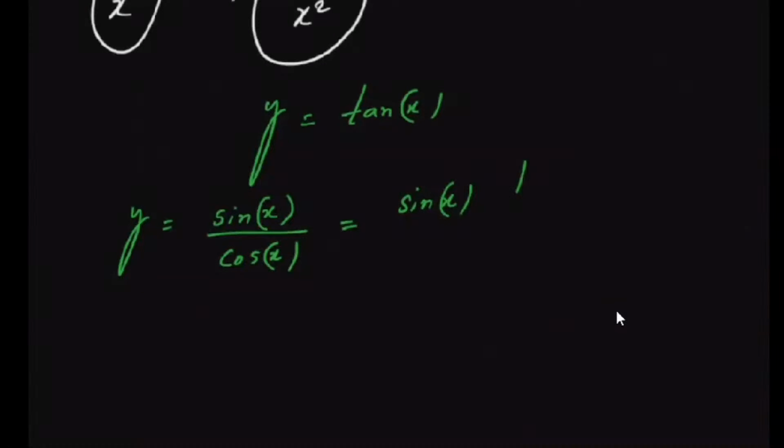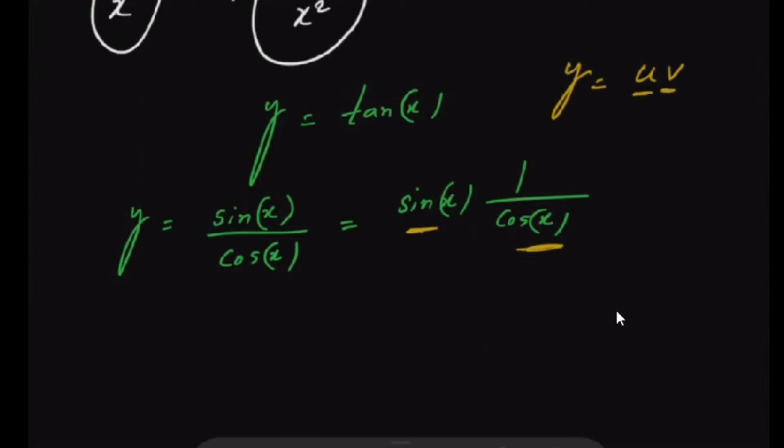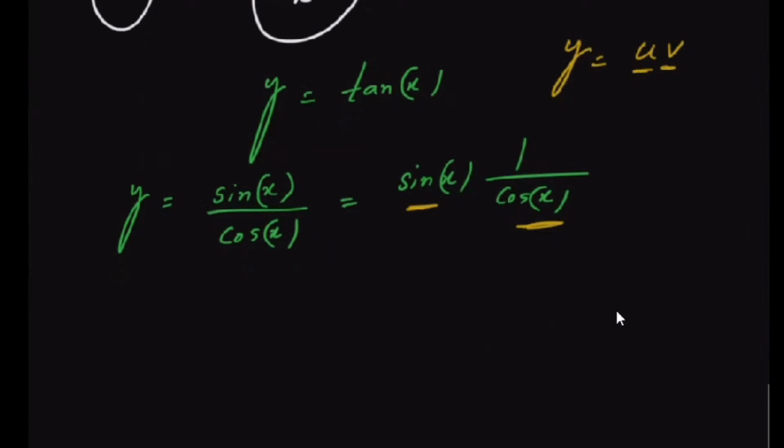So it's like y equals to u times v, where u is sin x, and v is 1 by cos x. Clear? Now let us try to solve this.